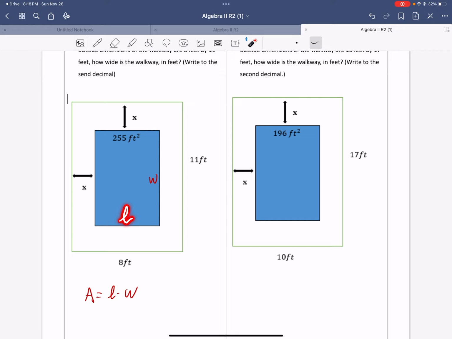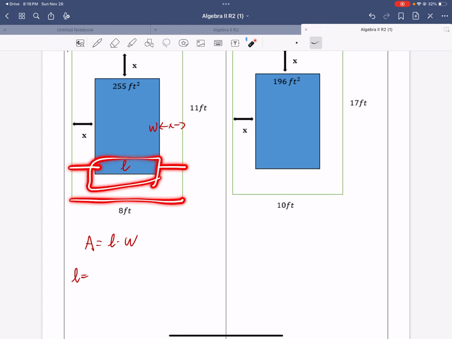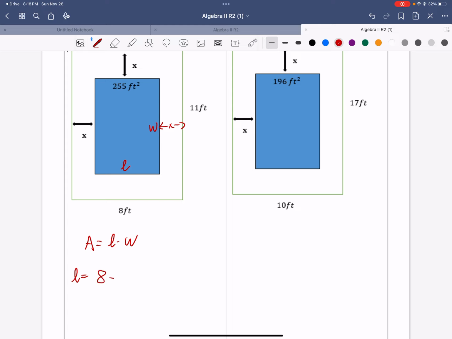Is there any way that I can represent L if I know from here to here? Yes, there is, because here to here is also x, right? Which means L is the same thing as 8 feet minus this and this. Then that's going to be L, right? So I'm going to put 8 minus 2x.